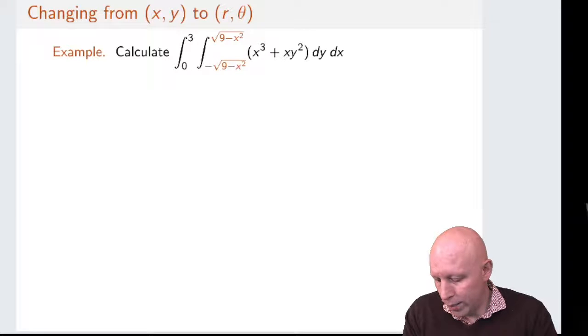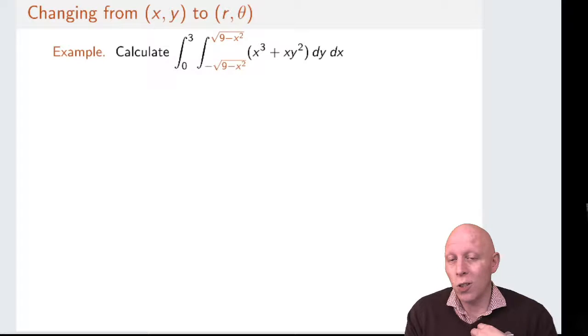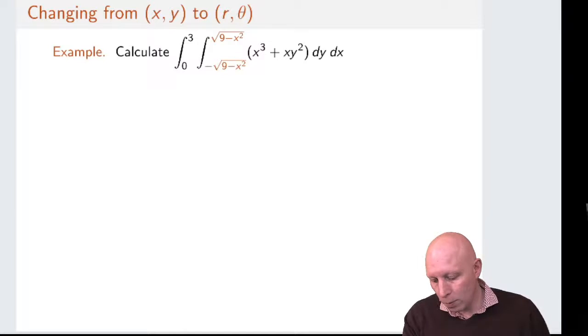And you see we have an integral from 0 to 3, an integral from negative square root of 9 minus x squared to positive square root of 9 minus x squared, something dy dx. One technique that we have for calculating a double integral is interchanging the bounds. We're going to have this new technique where we convert our integral into a polar integral.